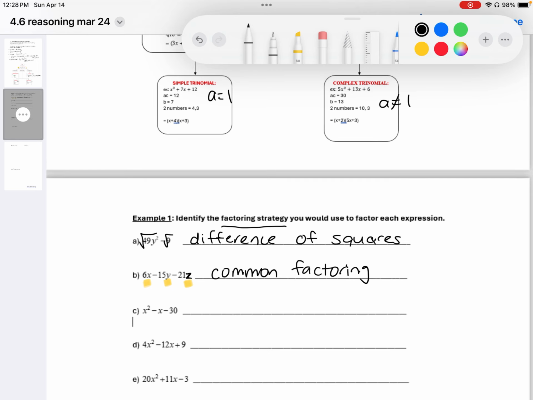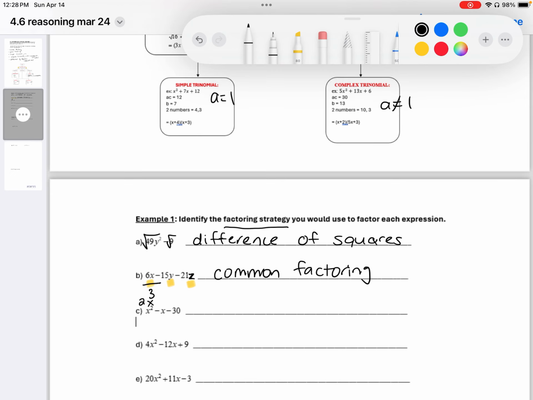But if you do 6 divided by 3, then you would get 2x. 15 divided by 3, 21 divided by 3, gives you numbers that cannot be factored further. So it is a common factoring question.